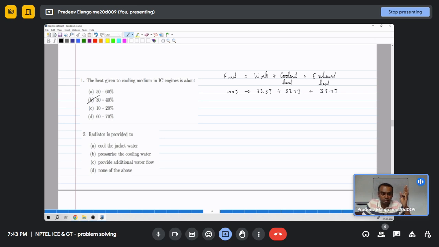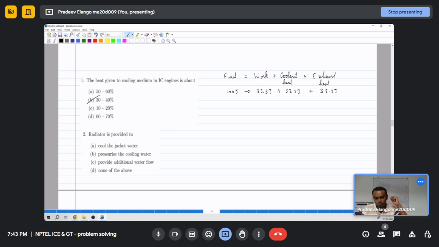So everything will be one third, one third, one third. So work will be one third. That means efficiency will be around 33.33 generally, and coolant heat will be another 33, and exhaust will be another 33. So here we have to choose 30 to 40%.